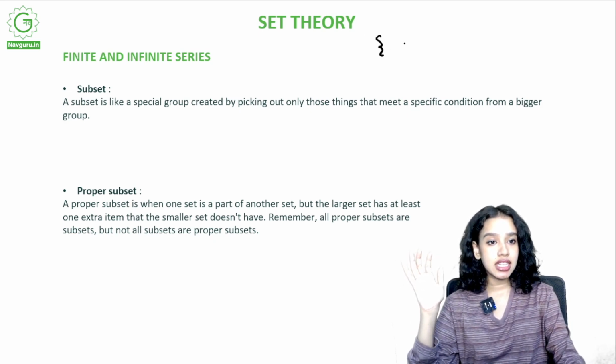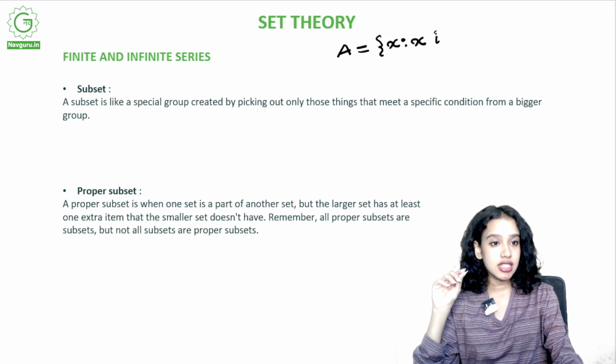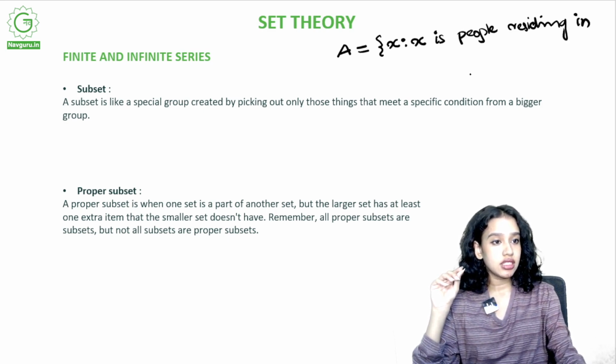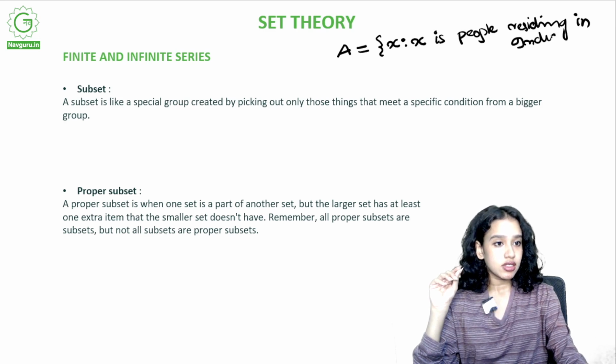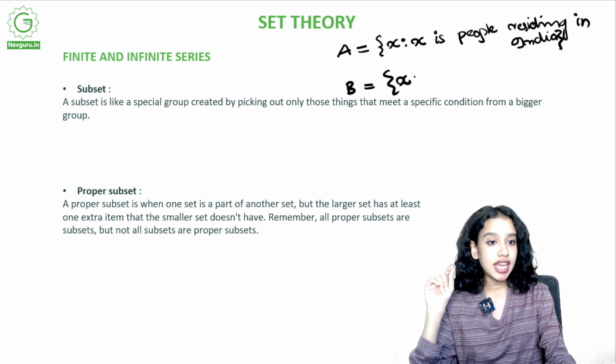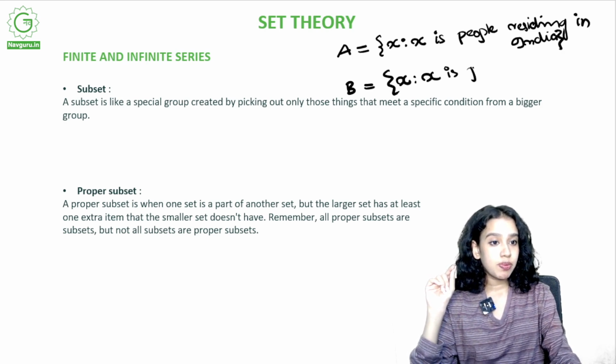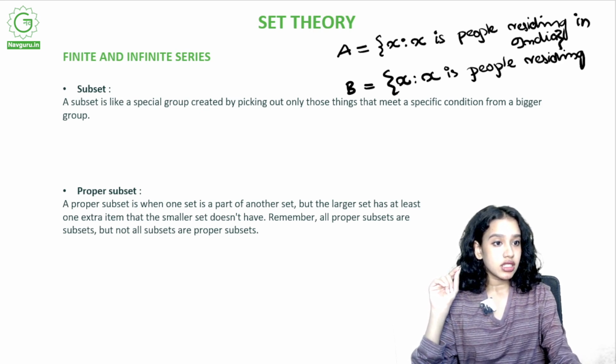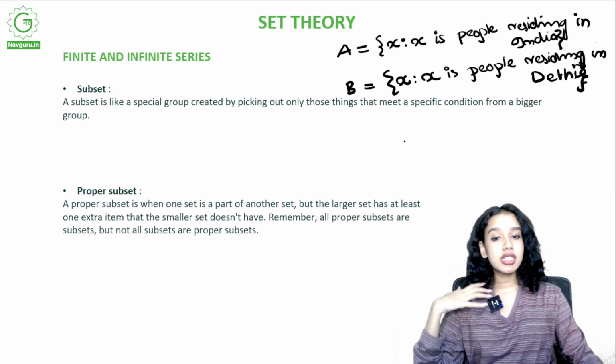So if I'm taking a set of people, I'm saying A is equal to {X such that X is people residing in India}, right? And I'm taking another set B where X is people residing in Delhi, right? So what does this mean?